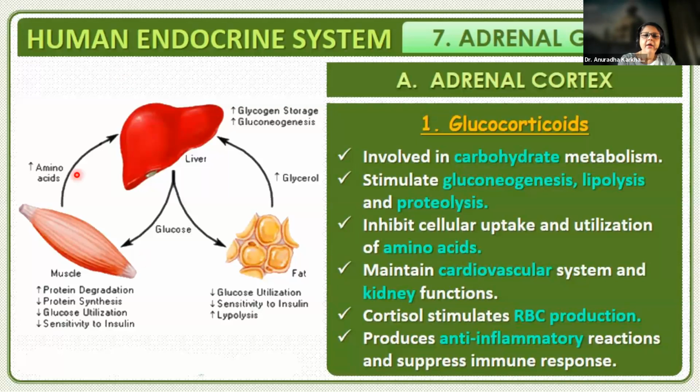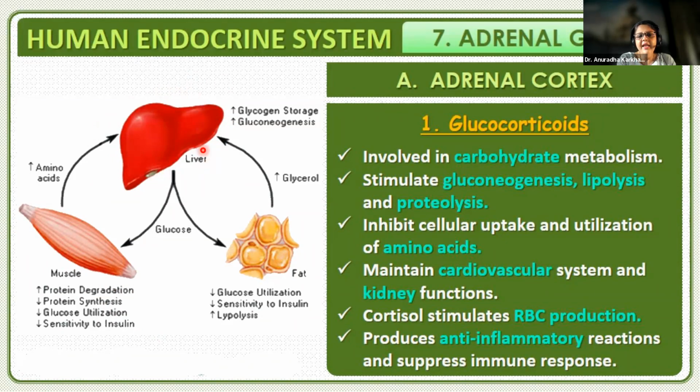See, amino acid concentration will increase. Protein degradation will increase. Protein synthesis will decrease. Glucose utilization will decrease. Sensitivity to insulin will also decrease. Otherwise, insulin will break down glucose from the muscle. Why? Because of this production of glucocorticoids.